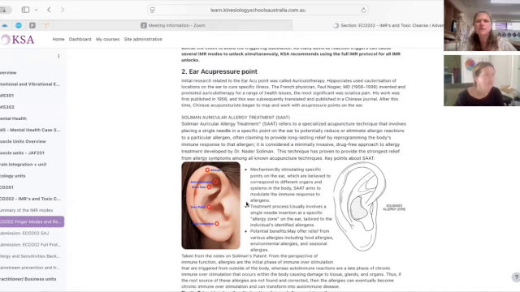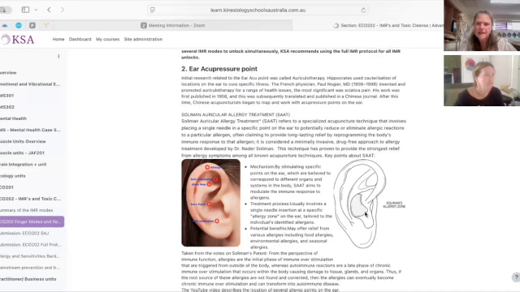he has used some of Nogier's work, and he's described this allergy zone here in the grey as an area that can be stimulated to reduce an allergy response. And then there's also these other points.